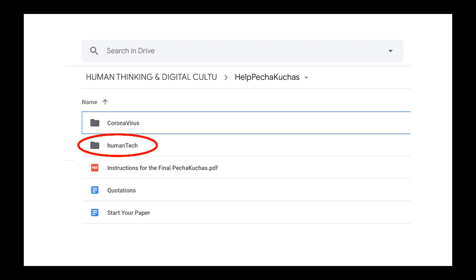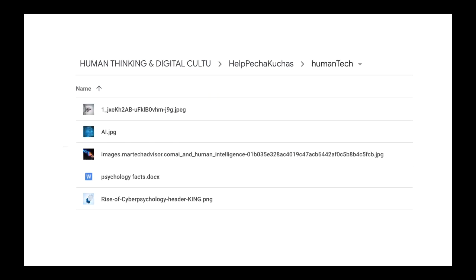I was most worried about the people working on the technology prompt, finding metaphors of technology in everyday life. And so I've put a folder together that has some images in it. Here we are in this folder, but also a list of links.